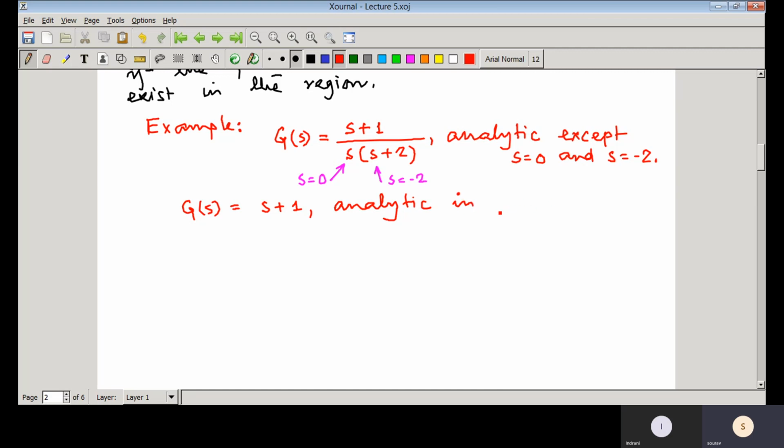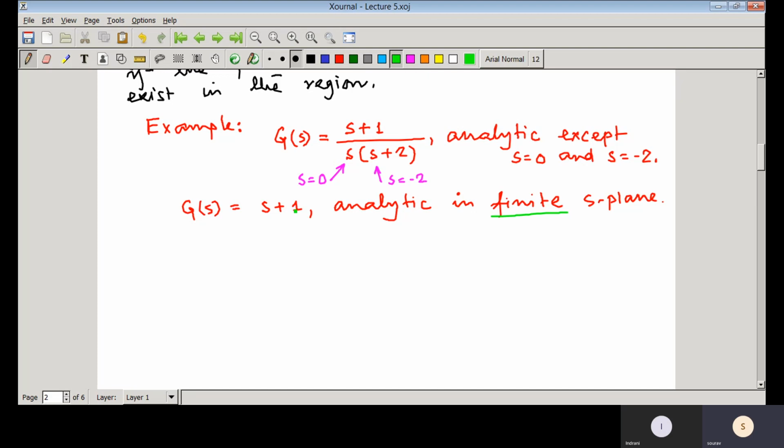Analytic in finite s plane. So that means this would be only infinite, if you take s equal to infinity. That means if you consider that finite s plane, this function is analytic. So these are the two definitions, and all through the course I'll be using this term that function is analytic. I hope later on you should not be confused.